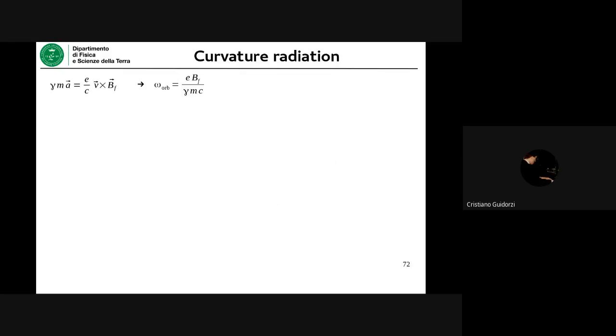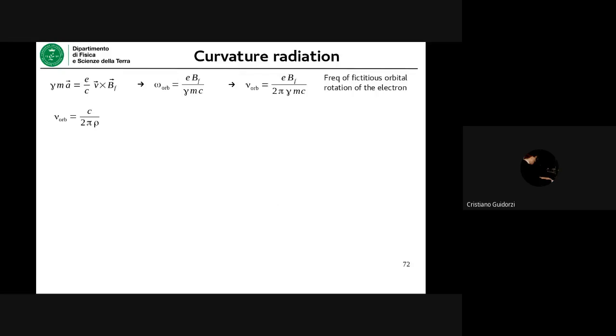Well, now this is just orbital, in the sense of the angular frequency that would describe a hypothetical complete orbit of the electron along these magnetic field lines. Moving from angular frequency to frequency is just a factor of 2π. So this is the frequency of the rotation along this imaginary large orbit, depending on the curvature radius.